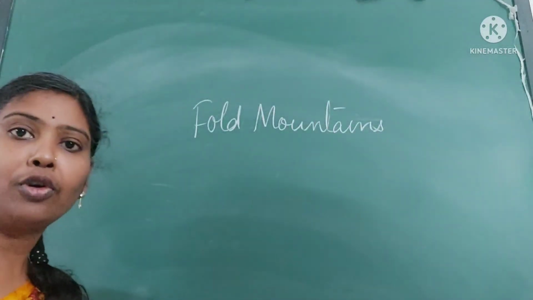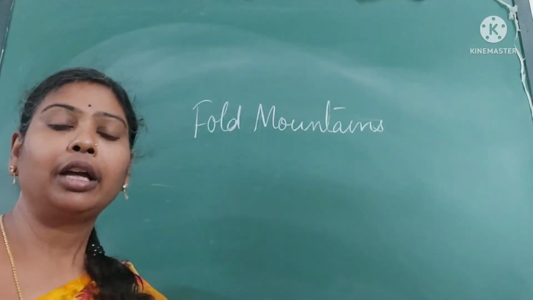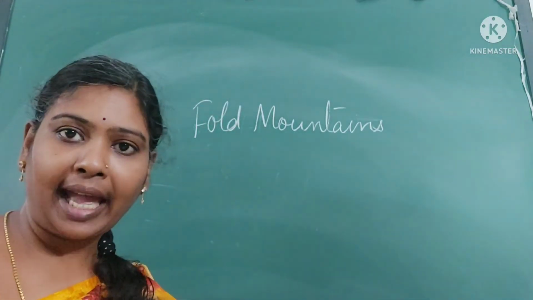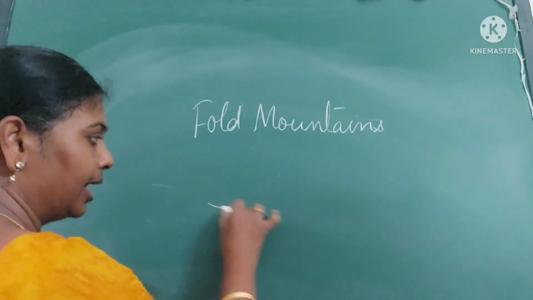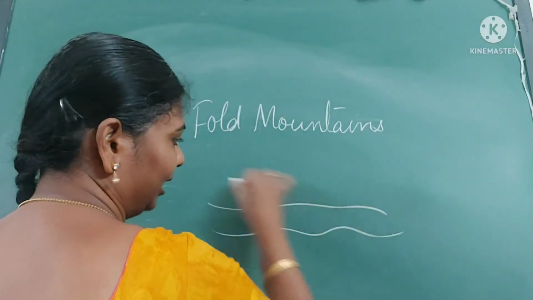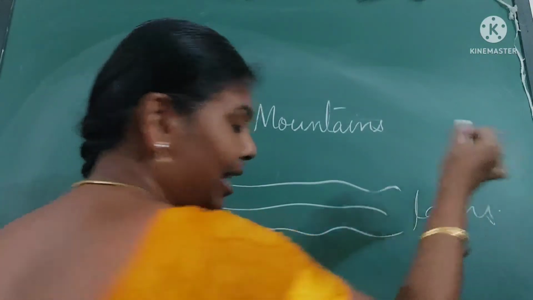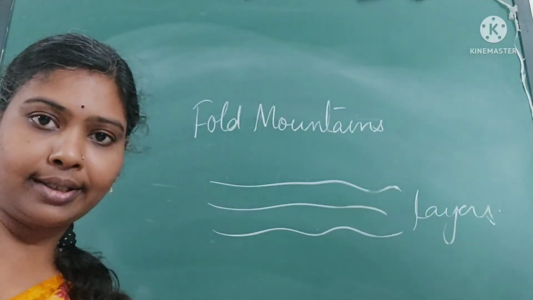In the case of fold mountains, we have the rock strata being compressed. Strata means layers.